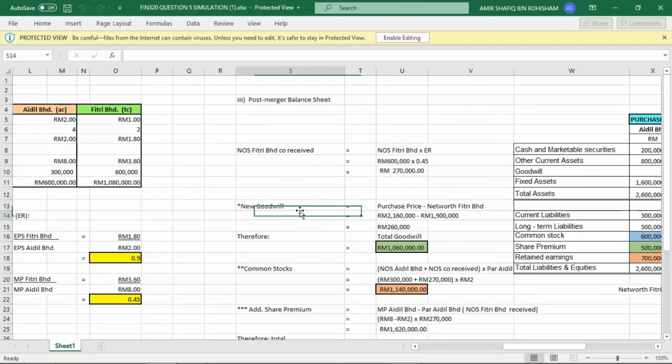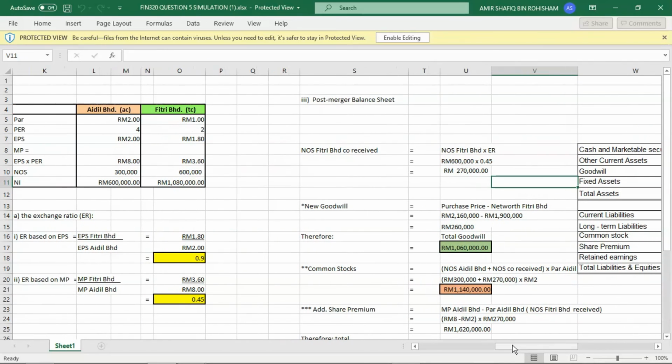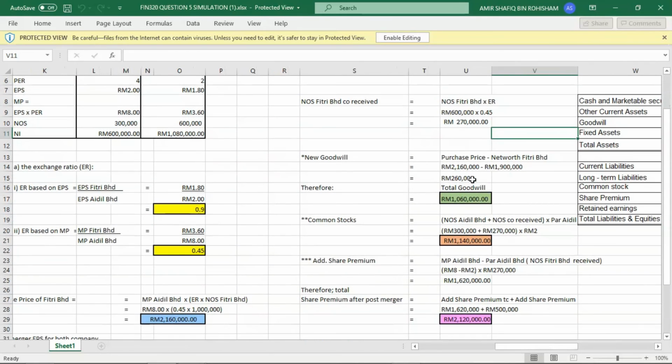Now for new goodwill, we will use purchase price minus net worth of Fitri Berhad. The purchase price is 2,160,000. The net worth of Fitri is 1,900,000. We will get 260,000. For the total goodwill, it is 1,060,000.